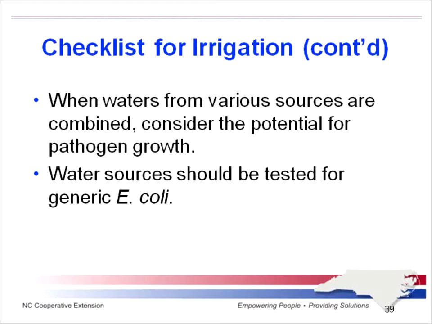When you're combining water sources, for example, sometimes you're using well water, but at times of high demand you also use surface water, consider the potential for those sources to harbor pathogens and test those water sources appropriately. In this case, we recommend testing for generic E. coli.